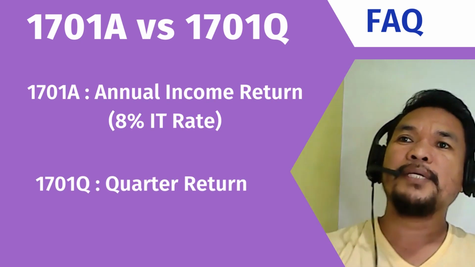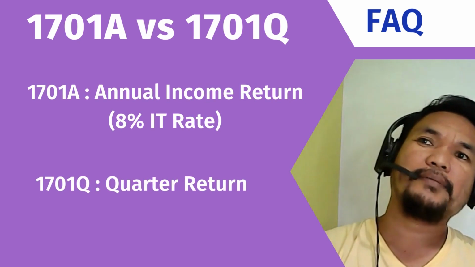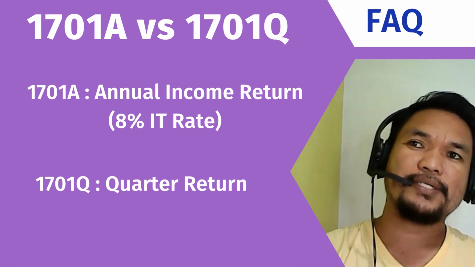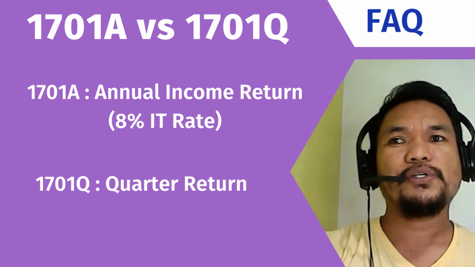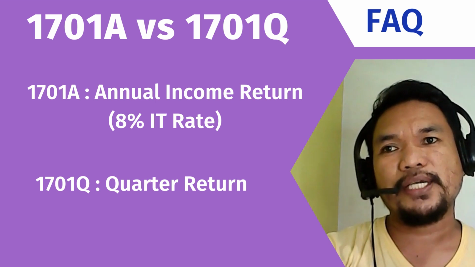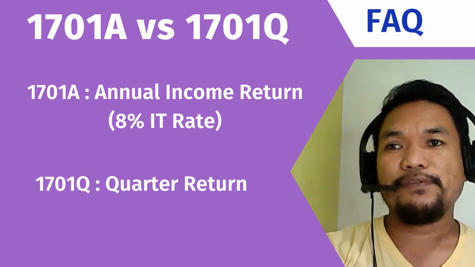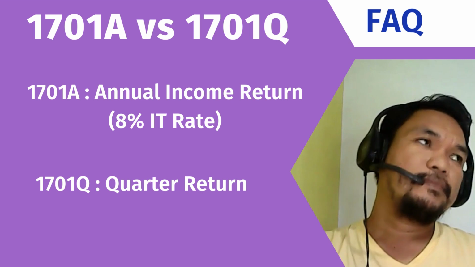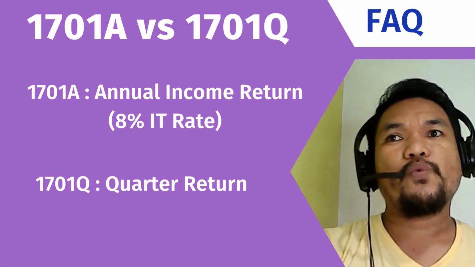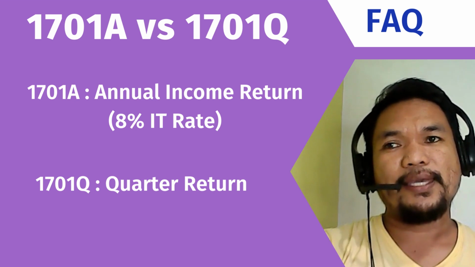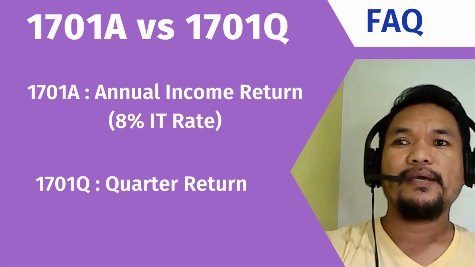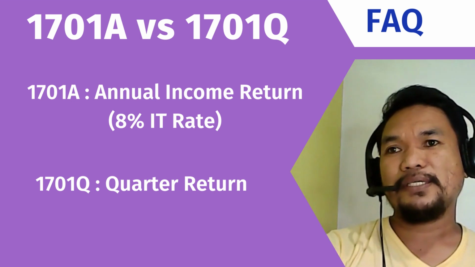And yes, sometimes we get confused. Why is there a 1701A and then a 1701Q? Alright, so again, 1701A is the annual income tax return using the 8% IT rate. If you're not using the 8% rate, if you're using the graduated income tax rate, then you use 1701, without the A. Again, if there's an A, that is for the 8% IT rate. 1701Q, the Q stands for quarter.